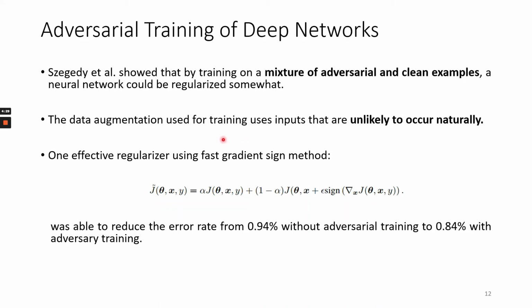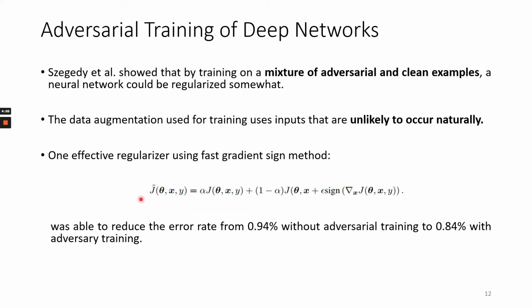One effective regularization used for this approach is given by this equation, where the first part is the cost function for the clean inputs, whereas the second part is the cost function for the perturbed inputs, and they are both taken into consideration for this regularizer, in a ratio given by alpha.